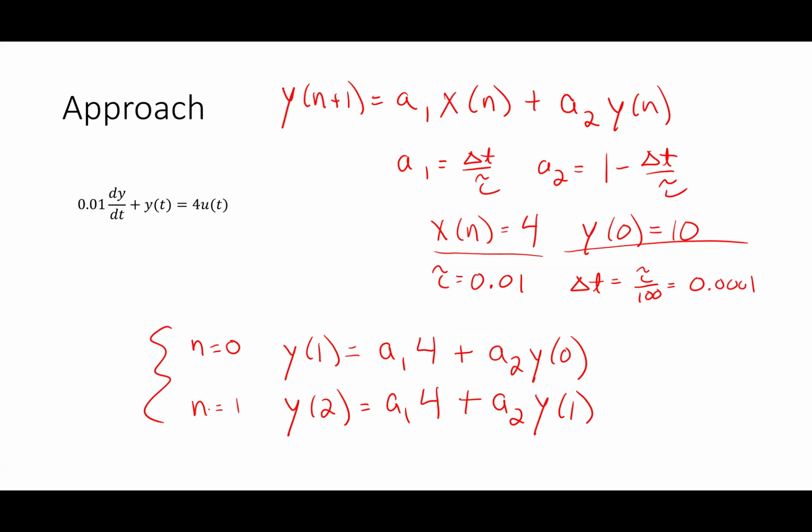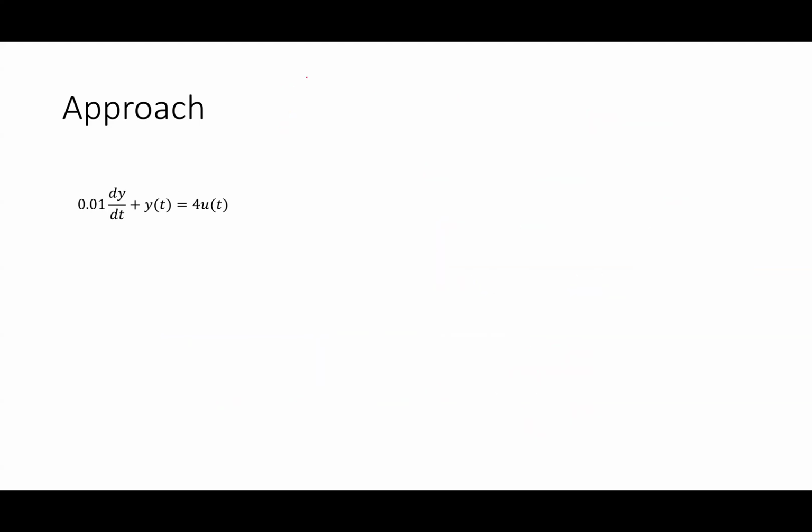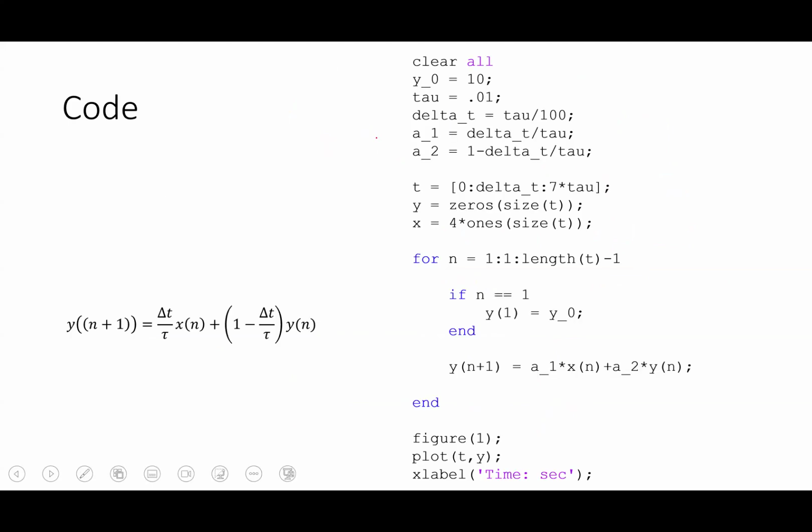With a for loop. All right, so I have y of n plus 1 equals A1 x of n plus A2 y of n. All right, so I'm going to do a for loop. Let's say n, to make sure I'm consistent here.